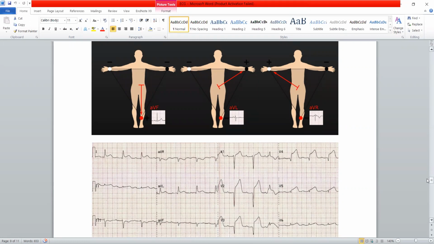There is elevation in V1, 2, 3, 4, 5, and 6. So anterior and lateral both leads are involved. So it's an anterior-lateral MI. Anterior-lateral MI.